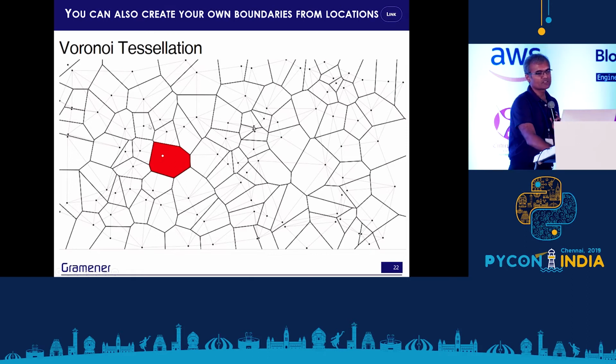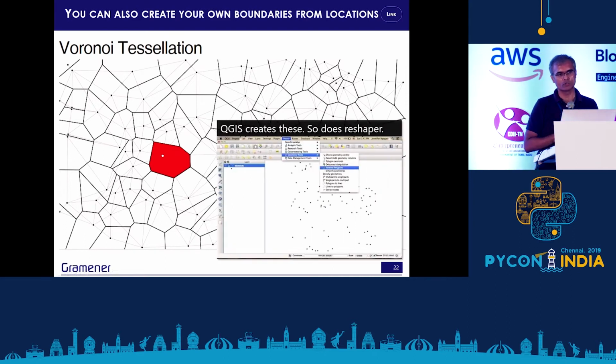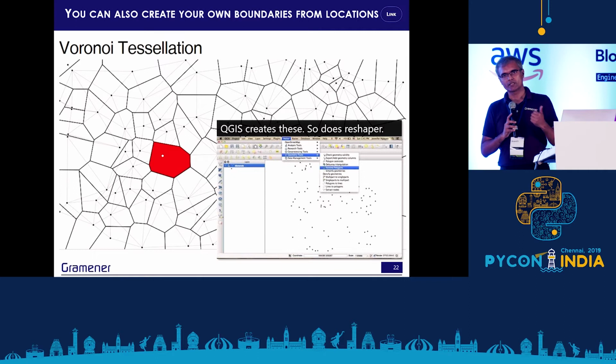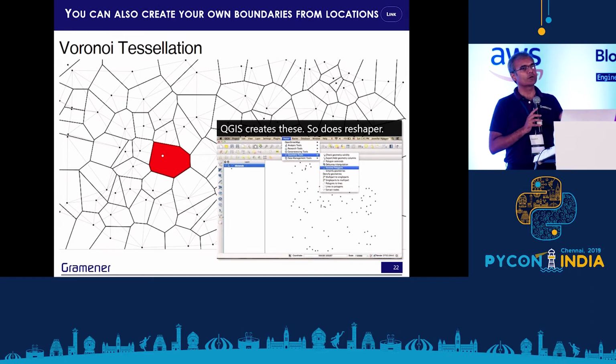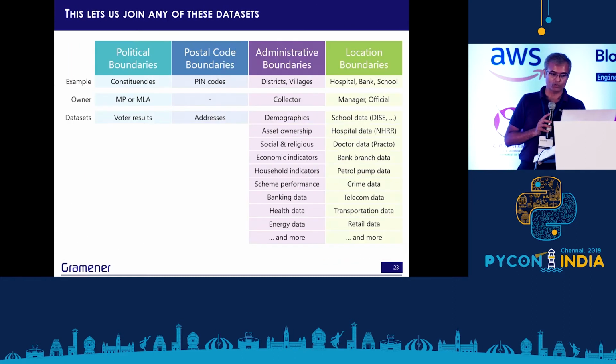This particular process is called a Voronoi tessellation and is something that comes out of the box with QGIS. It's something that you can create with the command line prompt, again using the reshaper library. But what that means is that now you can take literally any point and convert that into a region, and the potential for that is quite high.